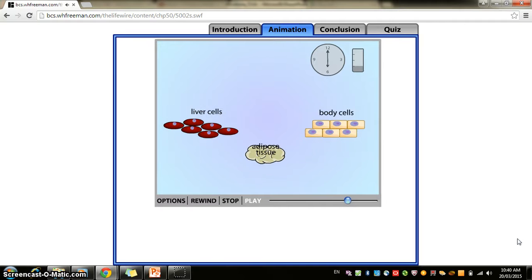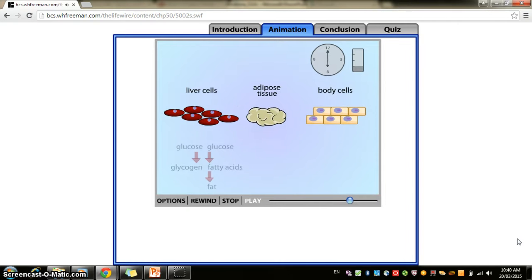Without a glucose supply, cells switch to using glycogen and fat as their fuels. The liver breaks down glycogen to glucose and converts fat to fatty acids. Fat cells convert fat to fatty acids. These fatty acids are used by other body cells as fuel in place of glucose. The glucose released from the liver is reserved for nerve cells, which require a constant supply.